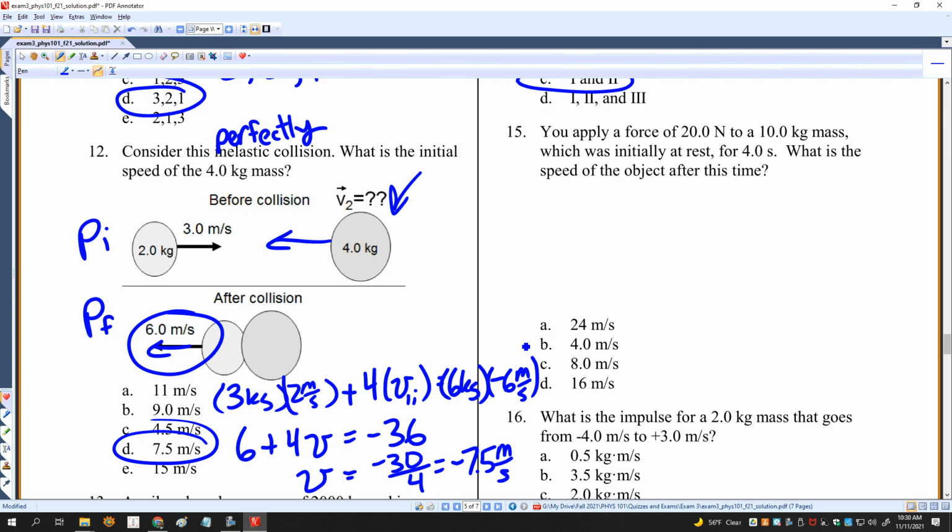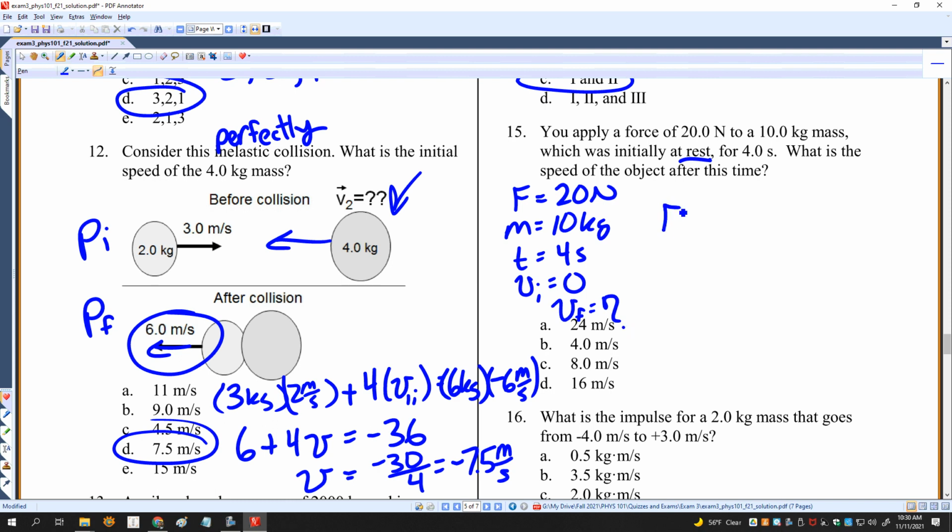All right, you apply a force of 20 newtons. Let's just start writing these things down. A mass of 10 kilograms over a time of 4 seconds. The initial velocity equals 0 because it's at rest. And I want to know, what is the speed of the object? What is the final speed? I know that F is equal to delta P over delta T. M is not changing, so it's m delta v over delta t.